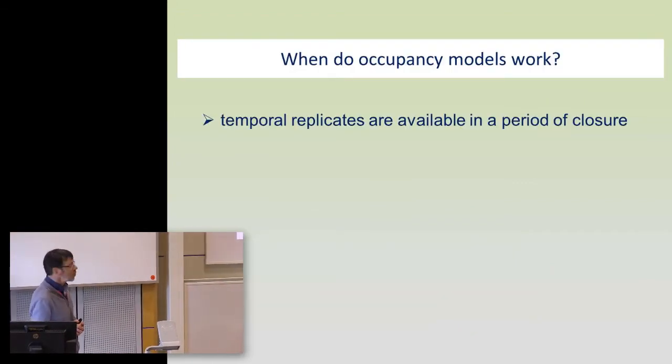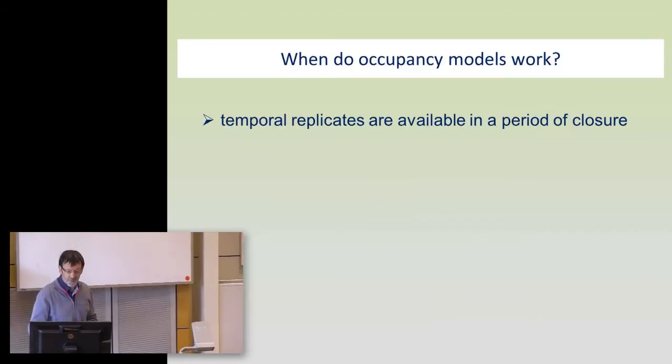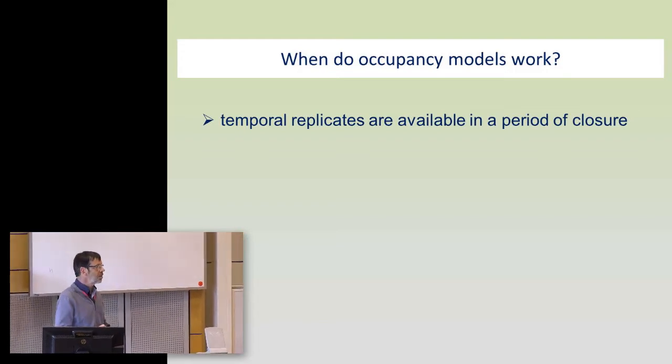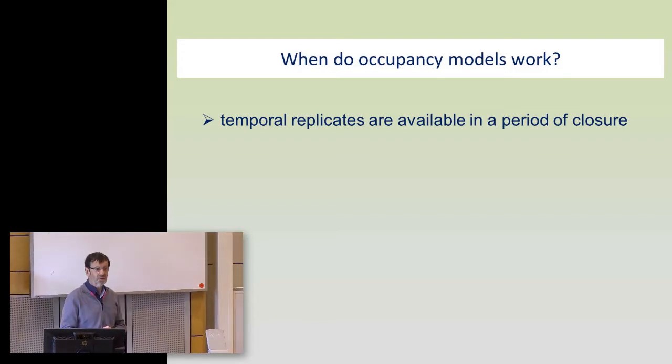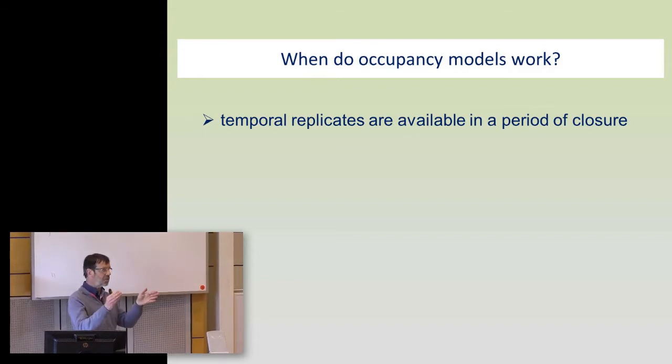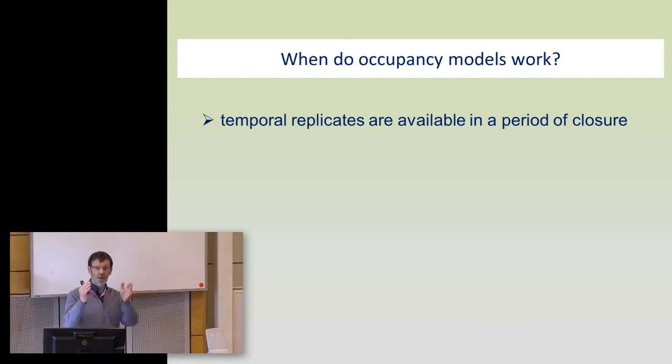So more generally, what do you need for occupancy modeling? You need temporal replicates in a period of closure. And period of closure means that a site needs to be closed for colonization or survival between the replicates.